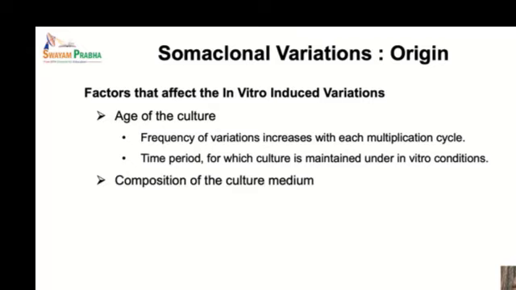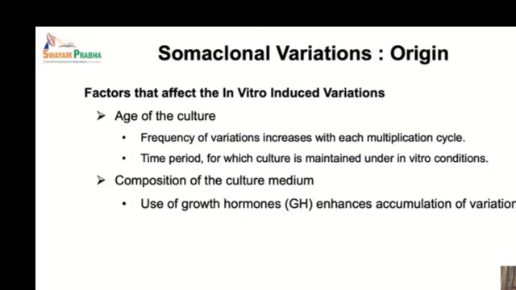Then second is the composition of the culture medium. Now during the regeneration process, right from the explant inoculation on the culture media to the regeneration of the plantlets, at every stage of the tissue culture, different plant hormones are used. These may be used in different combinations or at different concentrations.